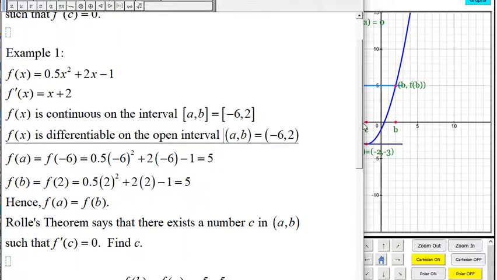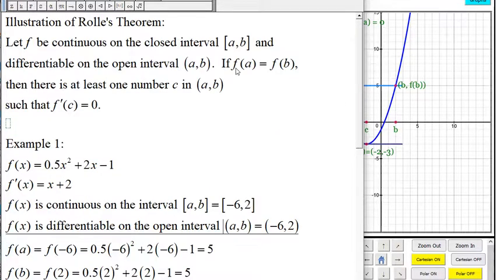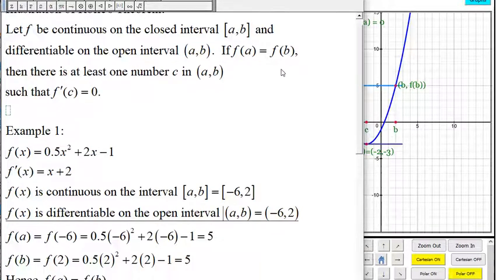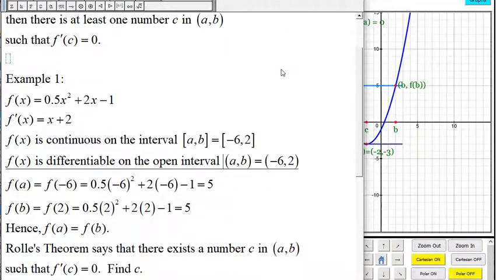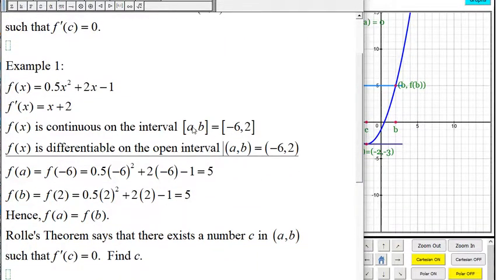One of the conditions in Rolle's theorem is that f(a) must equal f(b) in order for the number c to exist. So now let's verify that f(a) is equal to f(b). For this example, a is negative 6, b is 2.